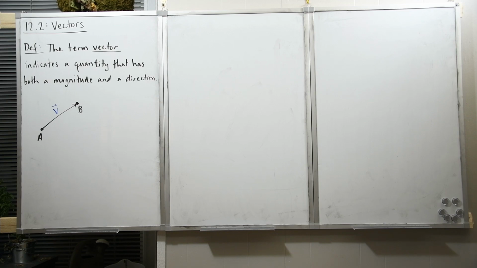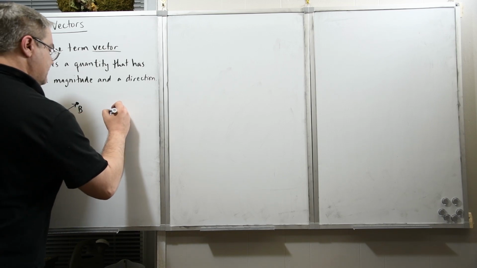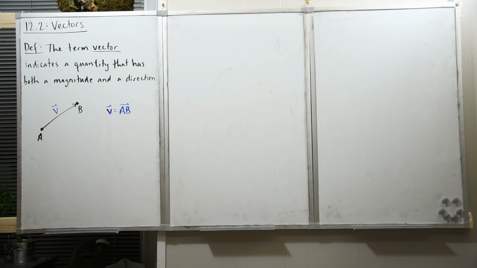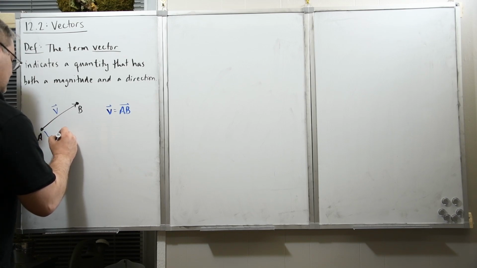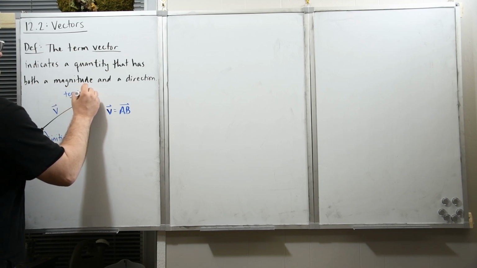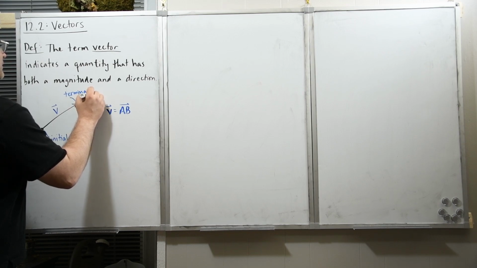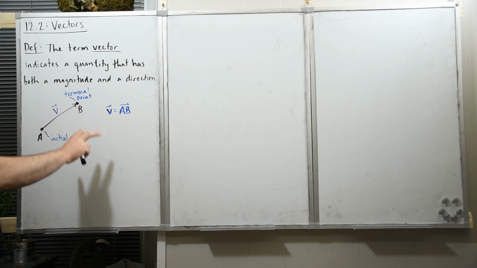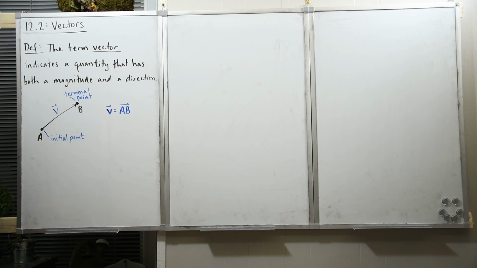But this vector, you say v equals AB, has an initial point A, and a terminal point B. Now, if I were to take this vector and move it anywhere along the board, while maintaining the same direction and the same magnitude, I would say that I'm really dealing with the same vector or equivalent vector.